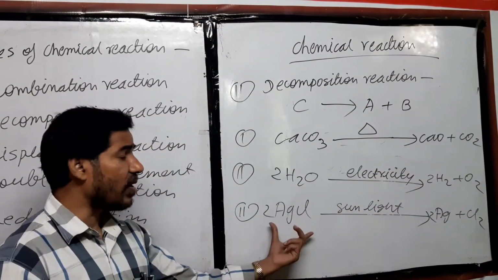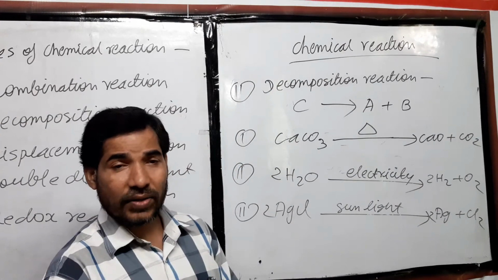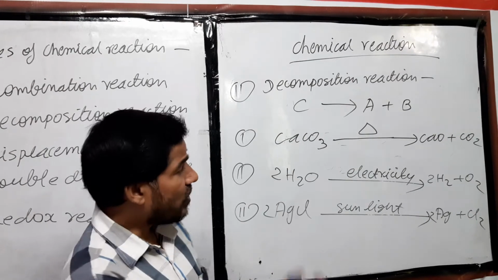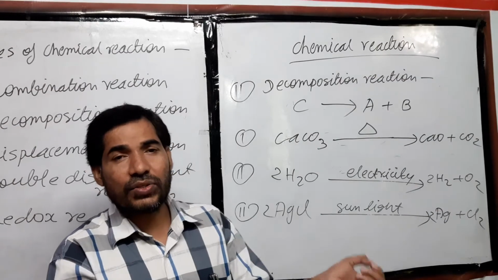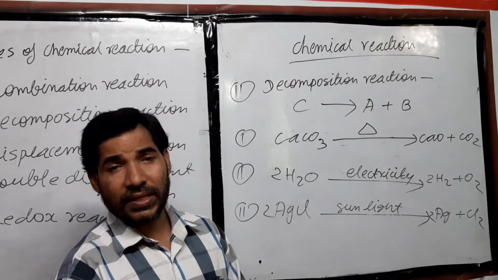In the third reaction, silver chloride is a substance, but when it is kept in sunlight, due to the effect of sunlight, it breaks into silver and chlorine, the two new substances. So in all these reactions, a single substance breaks into two or more new substances. So all are examples of decomposition reaction.